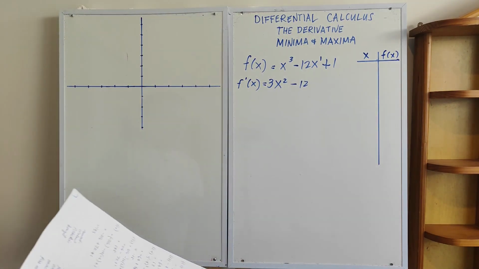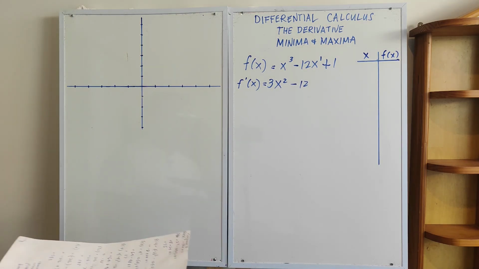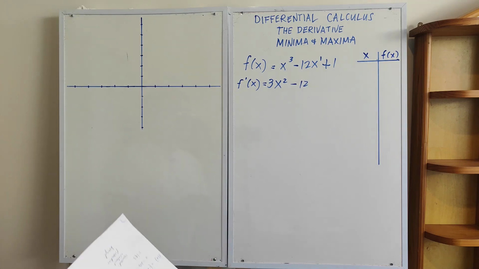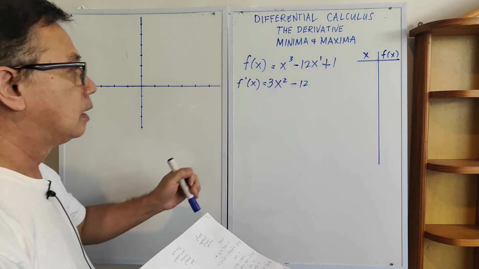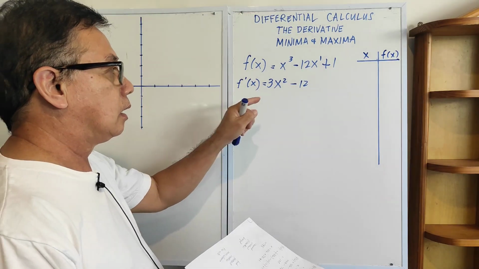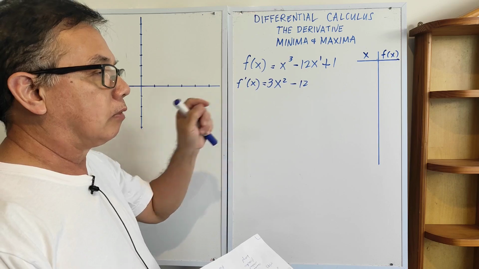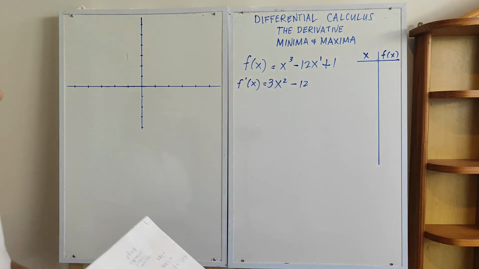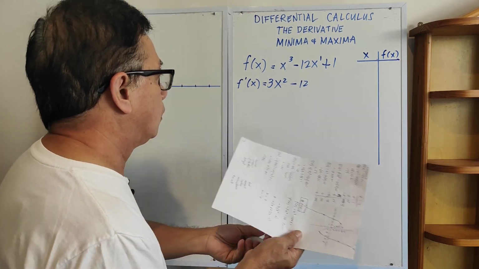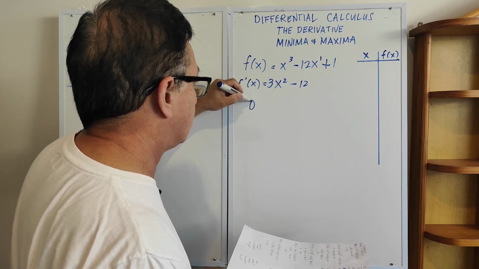Now you want to get a slope of 0. So to get a slope of 0, you want this to be equal to 0, to find at what point x will have a slope of 0. So we equate it with 0, so this slope will make it 0.